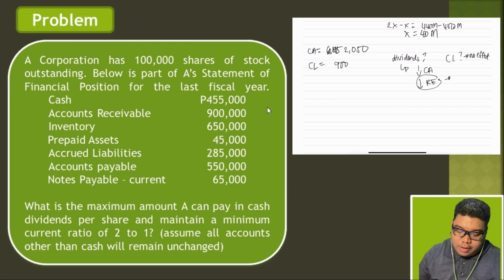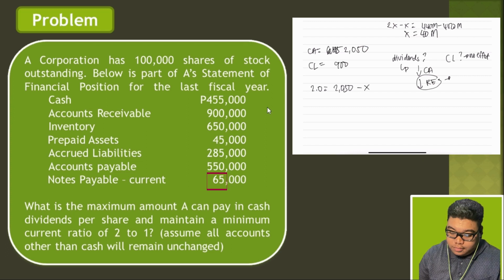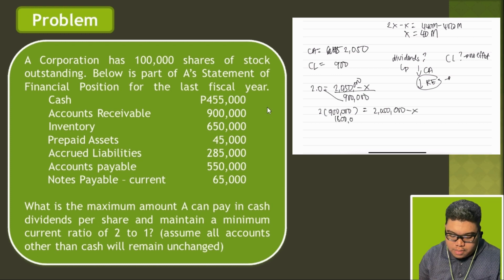So therefore, our formula here is we should maintain a minimum current ratio of 2.0. That is (2,050,000 minus X) divided by 900,000. Cross multiply: 2 times 900,000 is equal to 2,050,000 minus X. So that is 1.8 million.